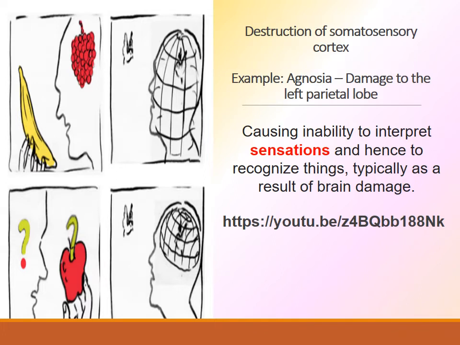This disorder causes inability to interpret sensation and difficulty recognizing things. For further information, please go through the YouTube explanation on agnosia, according to the link given in this slide.